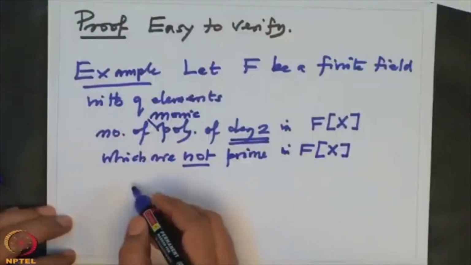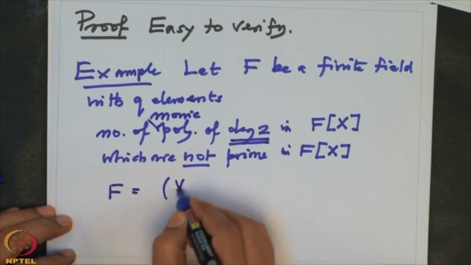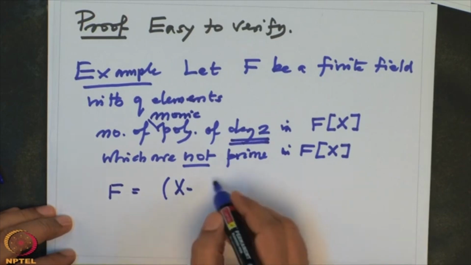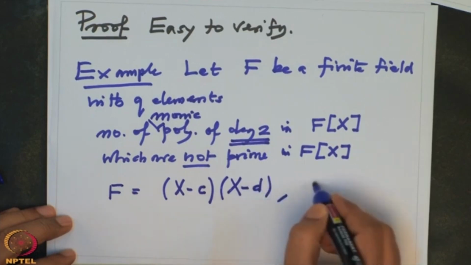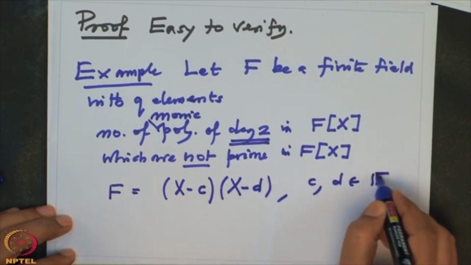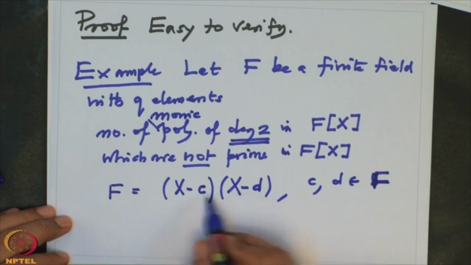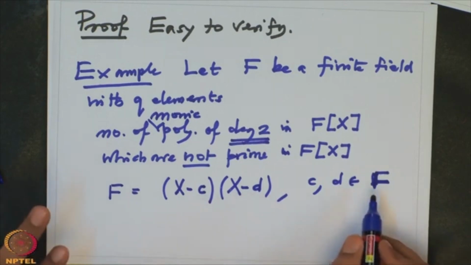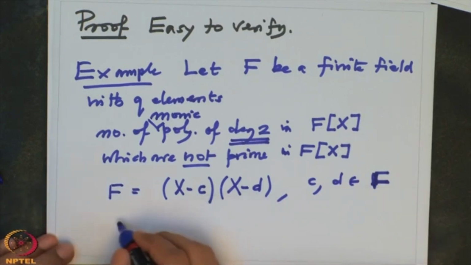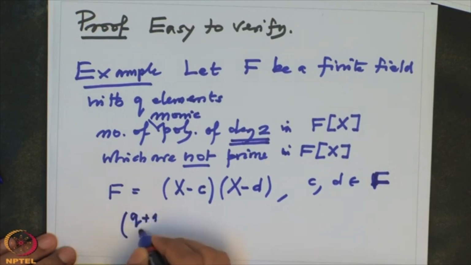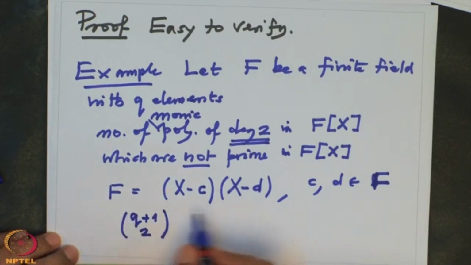That can only happen when f is of the type (x minus c) times (x minus d), where c and d are two elements in F, and you just have to count them. So c and d vary in F, and we have to choose two elements. They can be repeated, so there are precisely q plus 1 choose 2 such polynomials, because I am counting repeated ones also.